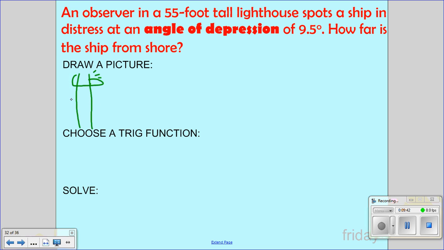And it's 55 feet tall. A ship is somewhere over here floating away.